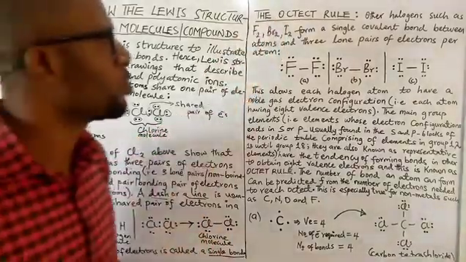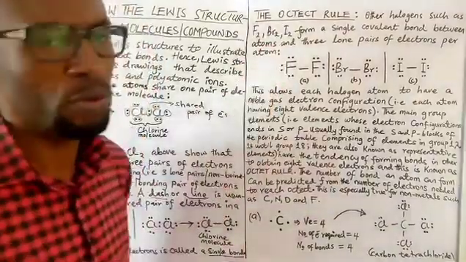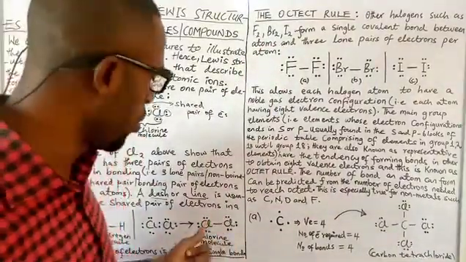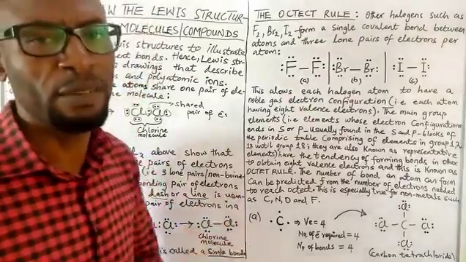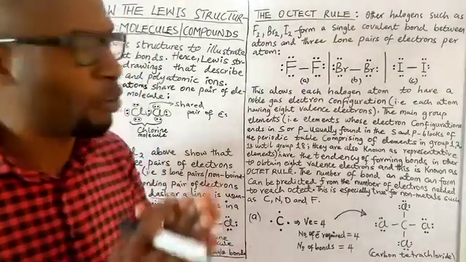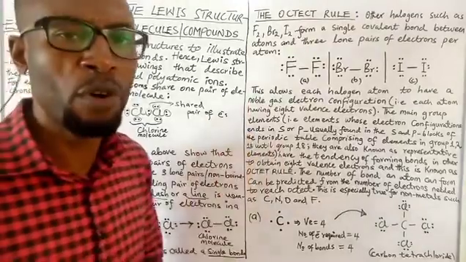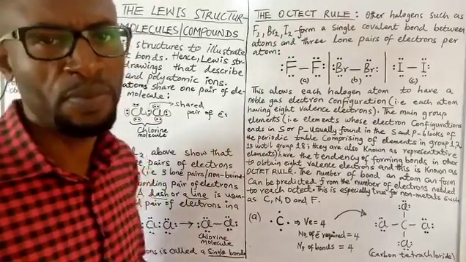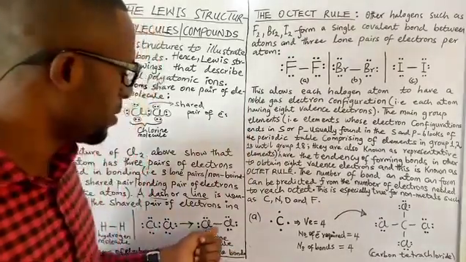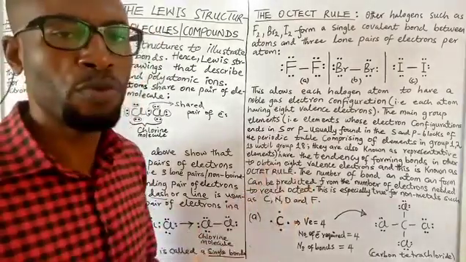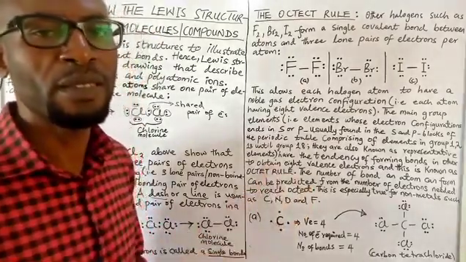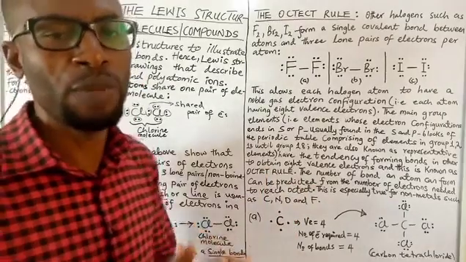That leads me to what we call the octet rule. So recall that chlorine belongs to group 17 in the periodic table, a group that has a unique name called halogens. All of these elements can join up with an atom of the same element to make diatomic gases.